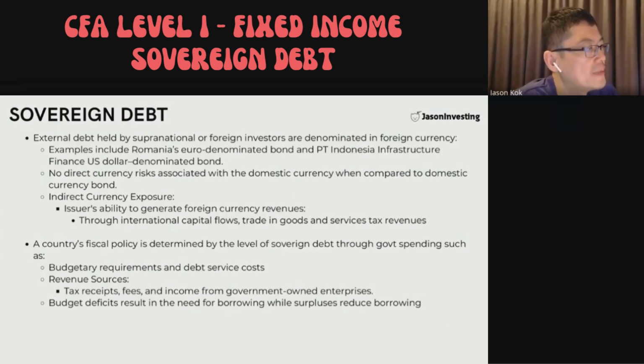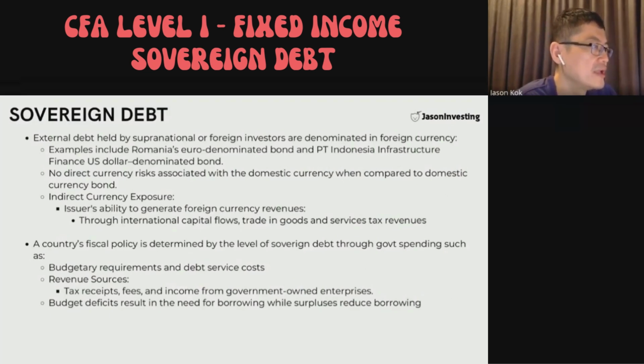Examples include Romania's euro-denominated bond, which is denominated in the euro currency, and the PT Indonesia Infrastructure Finance US dollar denominated bonds. When foreign investors invest in these foreign currency denominated bonds, they do not have a direct currency risk with respect to the domestic currency, but they will have indirect currency risk.